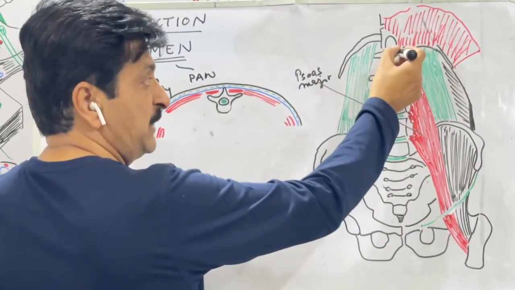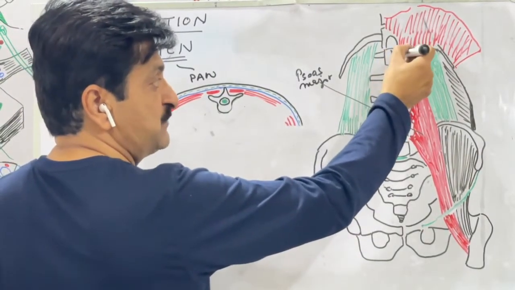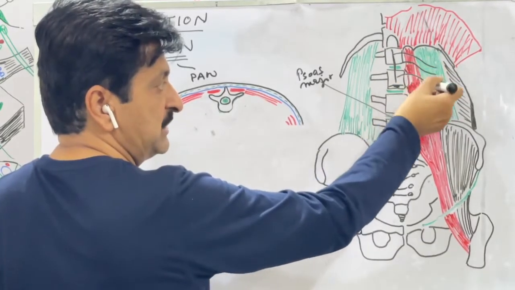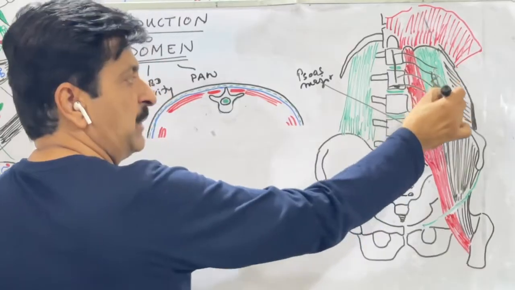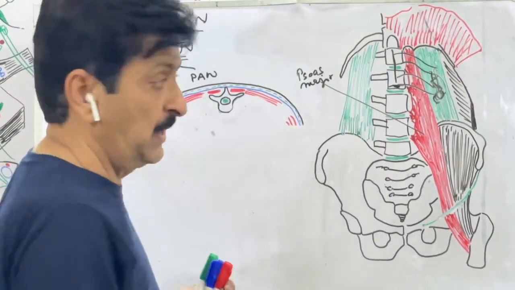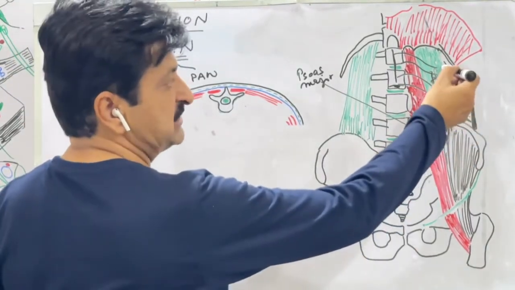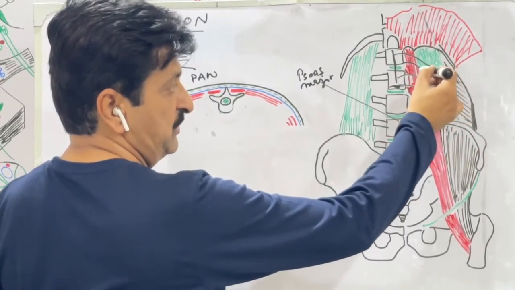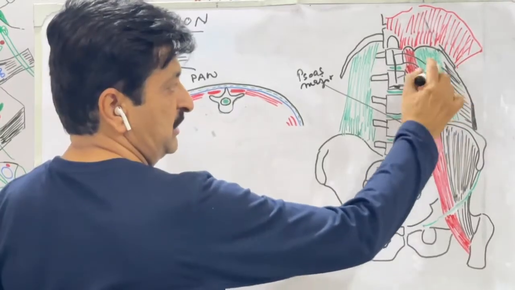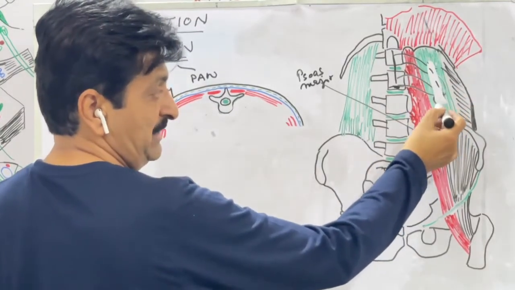And from here, when the spinal nerves come, the anterior rami of the spinal nerves enter into the psoas major muscle. And within the psoas major muscle substance, they will form a plexus that is called the lumbar plexus. And from the lumbar plexus will emerge now the branches from its lateral border, from the lateral border of psoas major.